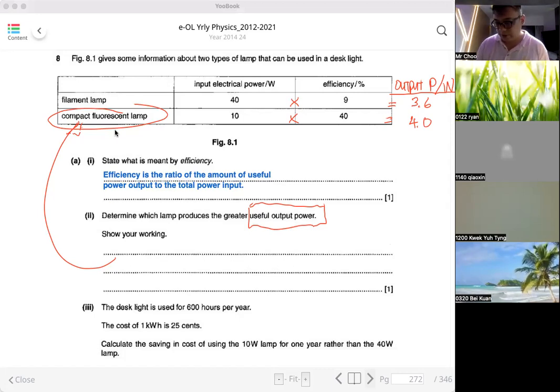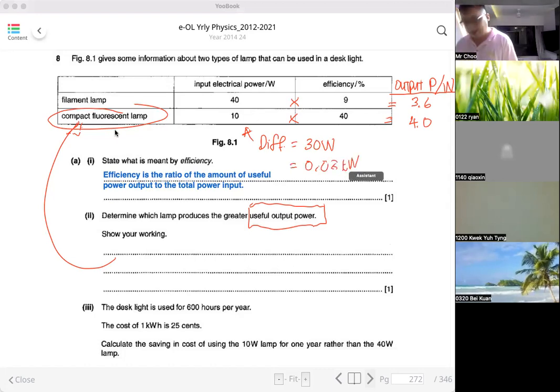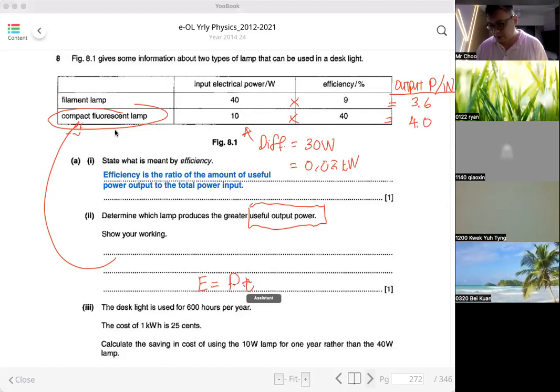So the difference in input power is 30 watt, which is 0.03 kilowatt. Clear? The difference is 0.03 kilowatt. So the energy used is equal to power times time. In this case, the power is 0.02 kilowatt. The time is 600 hours.